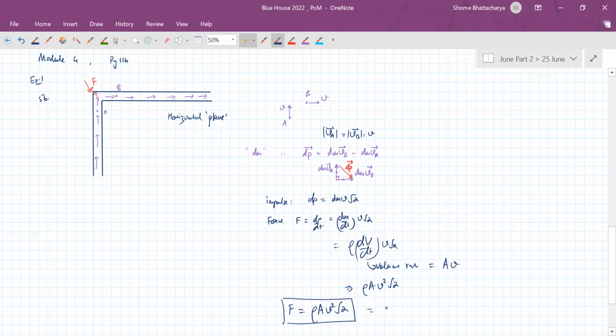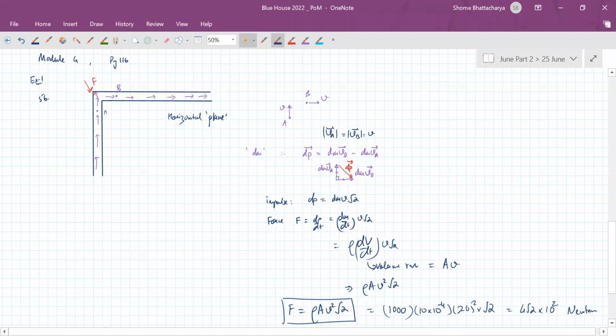Okay, so in this case, it will become density of water into area of cross section 10 centimeters square into speed of flow, which is given to us as 20 meters per second. Okay, you can take root 2 as about 1.41. You get the answer.